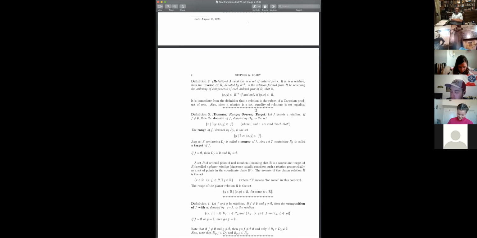If R is a relation, then the inverse of the relation just turns the pairs around. Simple. So if you know what the pairs are, you turn them all around, you get what's called the inverse of the relation. So I write down here, (x, y) is in the inverse of the relation. That's how we denote it. If and only if (y, x), see, I changed the order, is in the original relation.